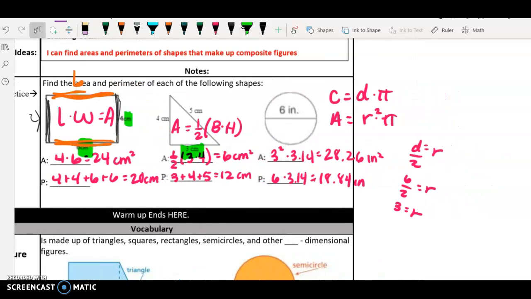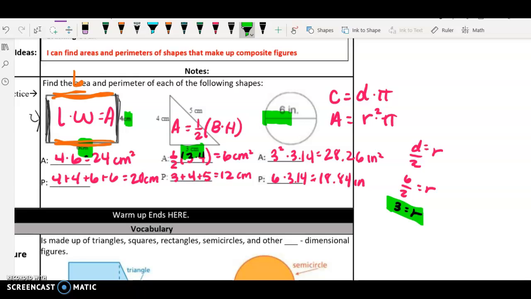For our circle, the area is our radius squared times pi. Our radius, remember, is half of our diameter. So our radius is 3, because half of 6 is 3. So 3 times 3 is 9, and 9 times 3.14 is 28.26.